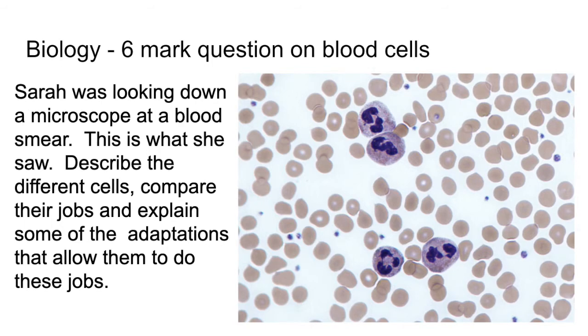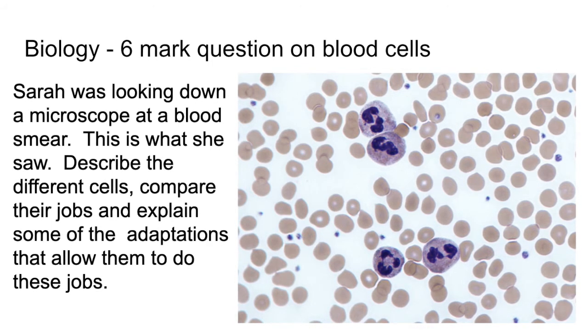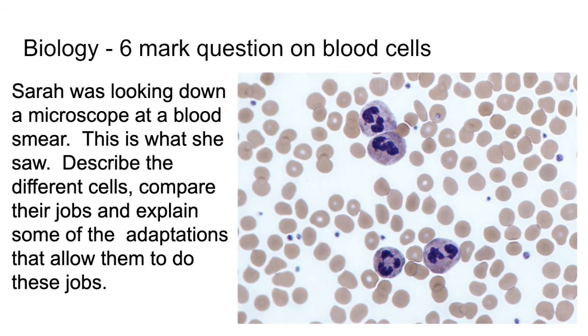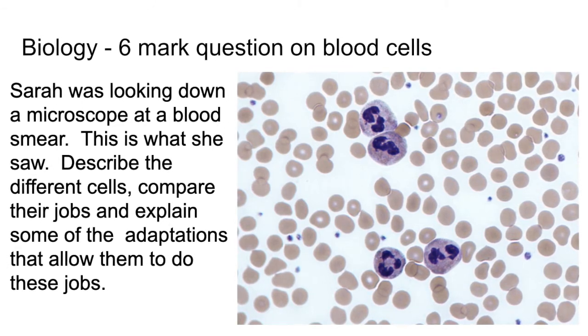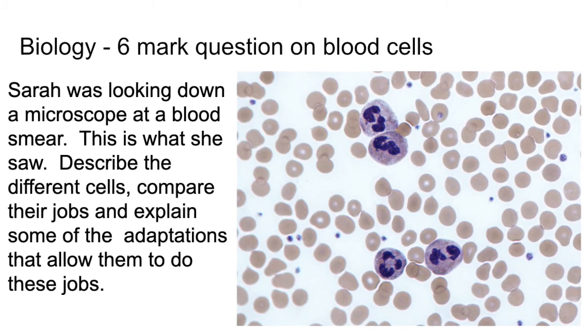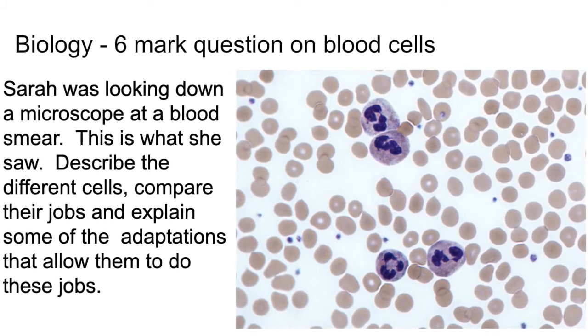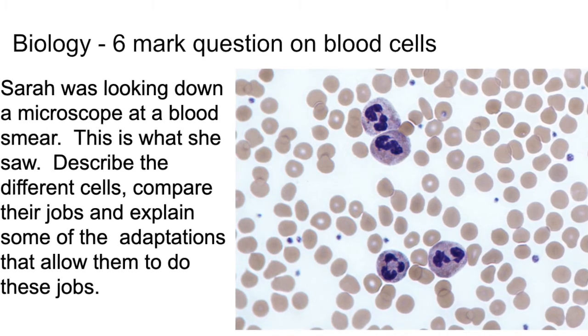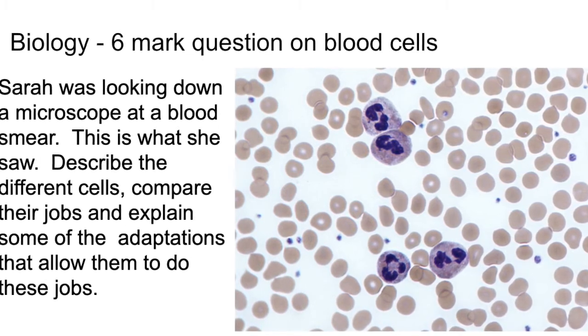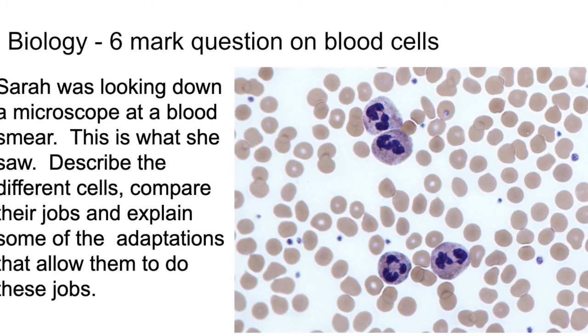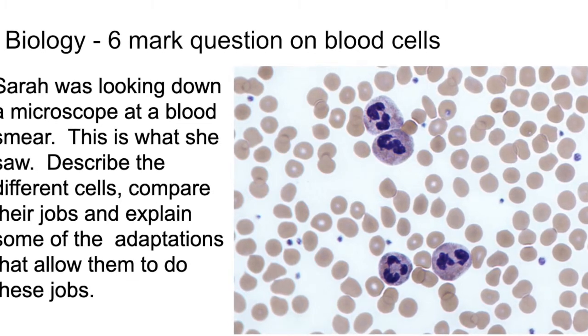So the question asks us to describe the different cells, which means you need a couple of sentences to talk about the blood cells, name the blood cells, and then describe their shape and their structure. The question asks you to compare their jobs. So you need to say what the job of each blood cell is, and how they're different.